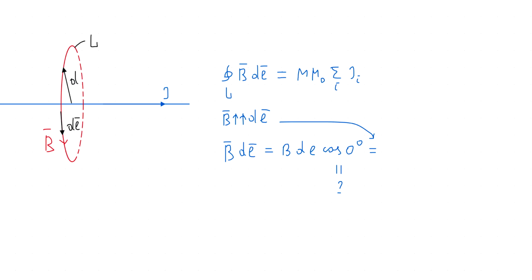So we have B and DL, and here we have the same situation, but this expression doesn't have any vectors.